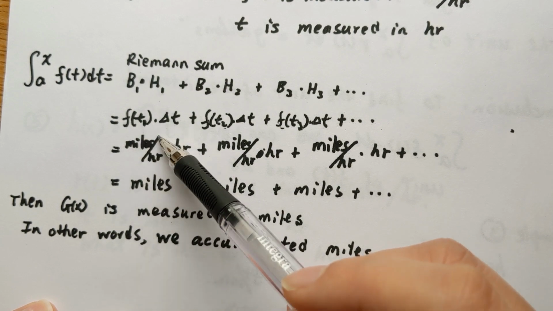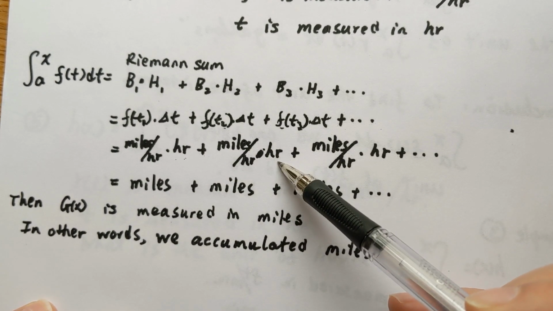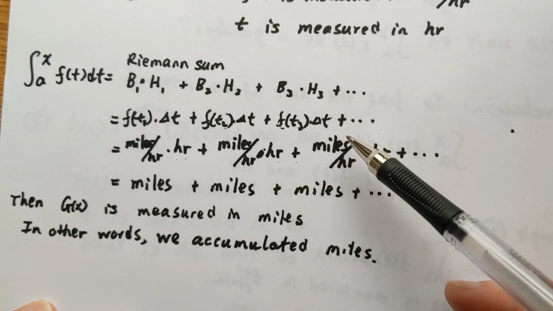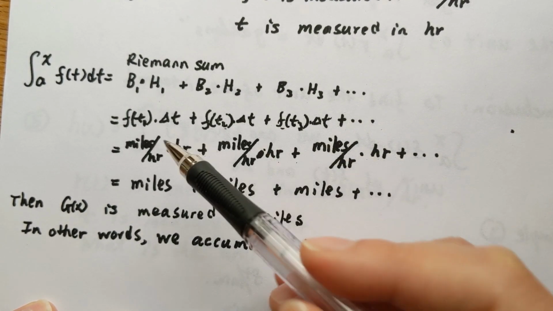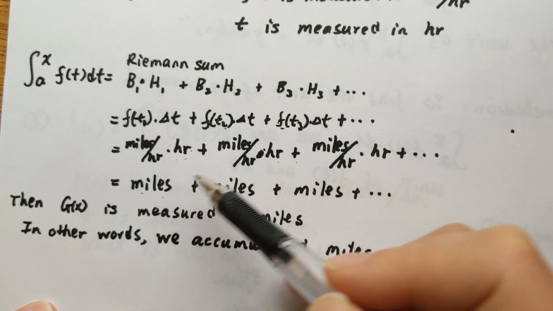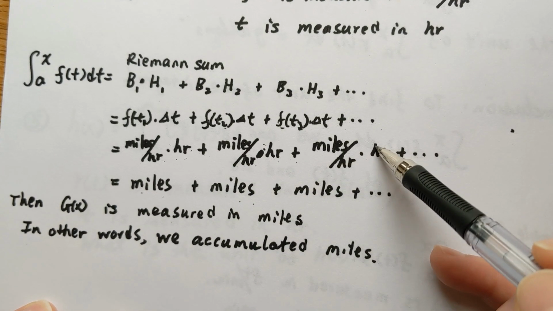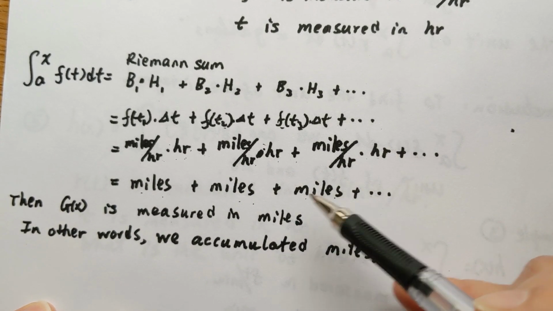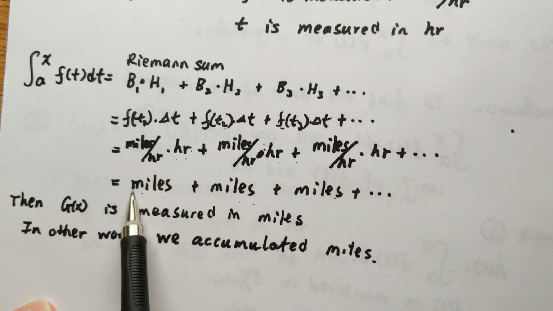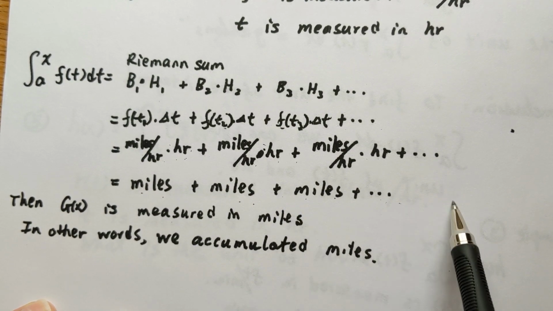So we get miles per hour times hour, plus miles per hour times hour, plus miles per hour times hour. We know that the hours cancel each other, so we get miles, miles, and miles. So we get miles plus miles plus miles, and keep going.